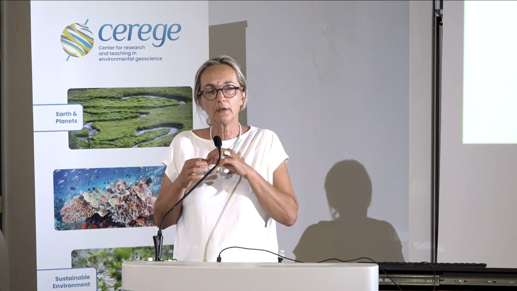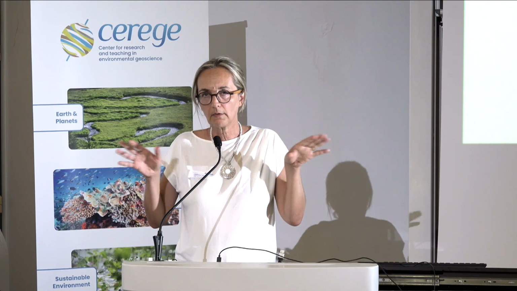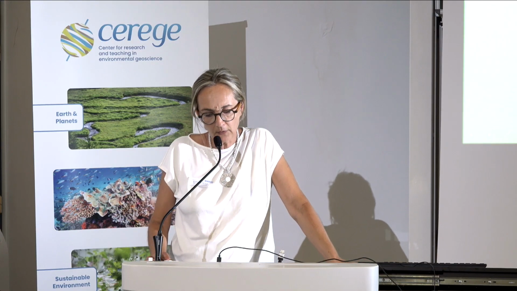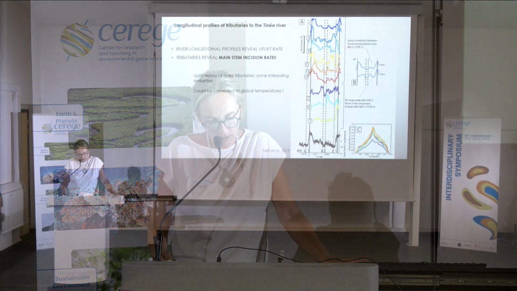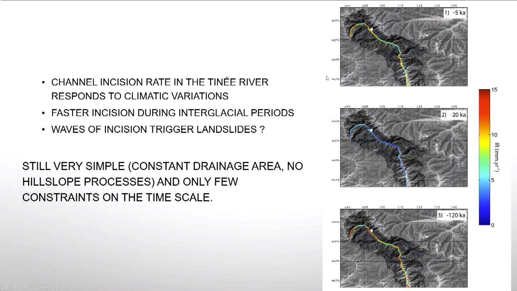Here, we only consider what happens along the channel in the river, and the rest of the landscape is not taken into account. And finally, we have only few constraints on the time scale. Here, the time scale of evolution that you find, that is correlated to the global temperature, is only constrained with the assumption that you have on the erosion coefficient. So we need to go a little bit further.